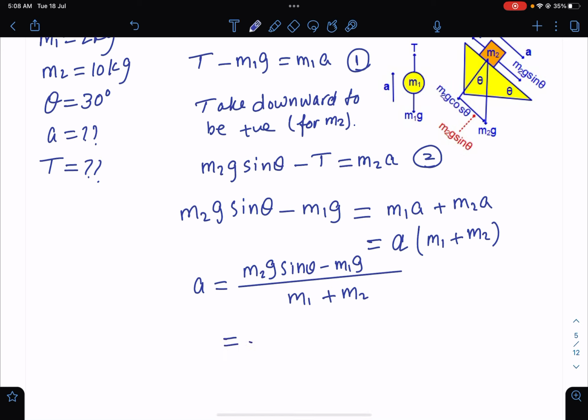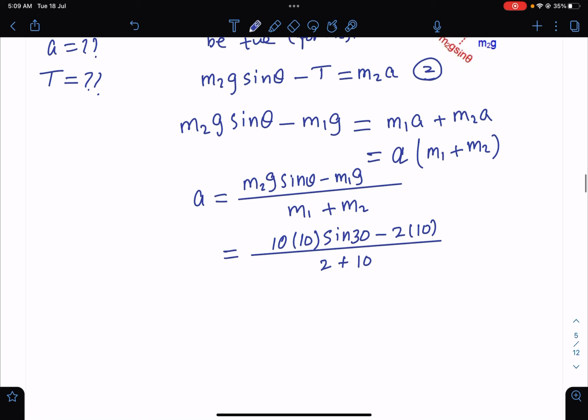So a is going to equal M2 g sine theta, which is 10, and we said we use 10 for g for convenience, and then sine 30, minus 2 times 10, divided by 2 plus 10. 10 times 10 is 100, times sine 30, which is 0.5, is going to make it 50, minus 20, divided by 12.